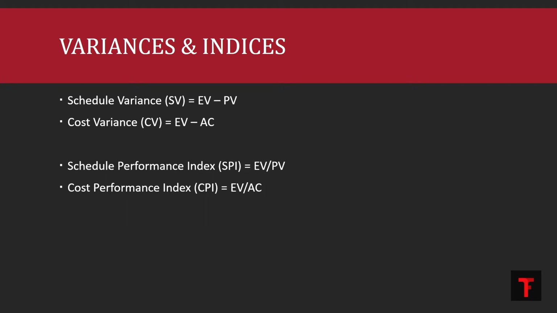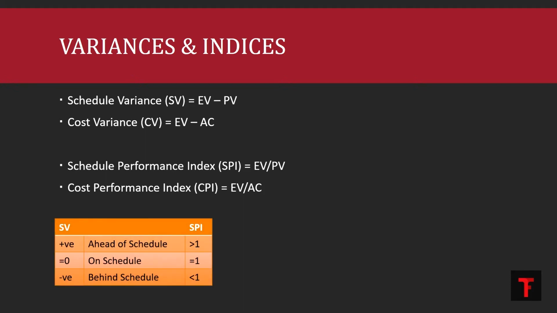Whereas when you look at the performance indices, the equation is actually a ratio. So that means the outcome will be either less than 1, greater than 1, or equal to 1. And each of those outcomes represents a particular status about the project.